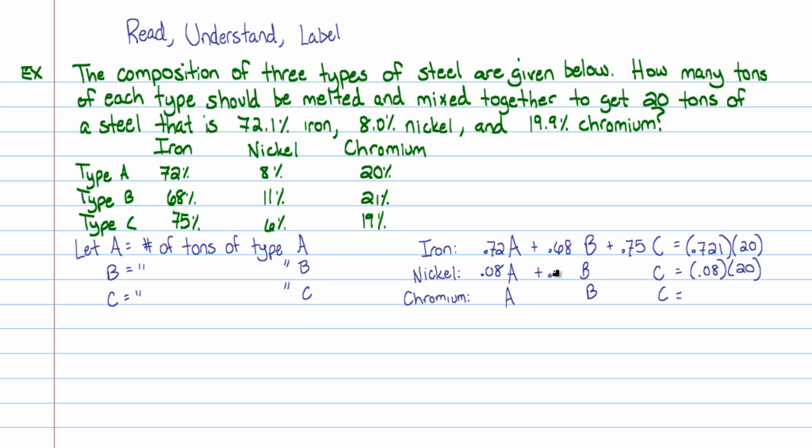And 11% of type B is pure nickel, and, oops, not 21, it's 6% of type C is pure nickel.